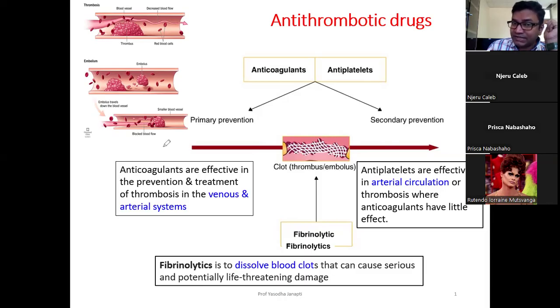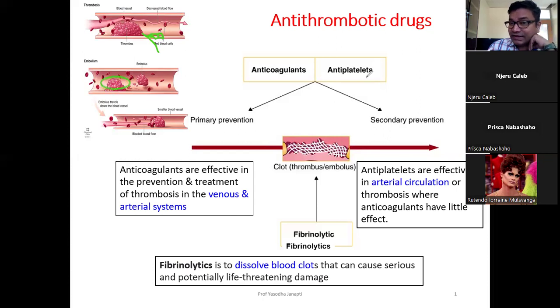Suppose the blood vessel is damaged here, if there is a cut, the platelets need to come here and adhere one by one and stop the bleeding. But because of overactivation of some receptors, the platelets will come just like a clot.